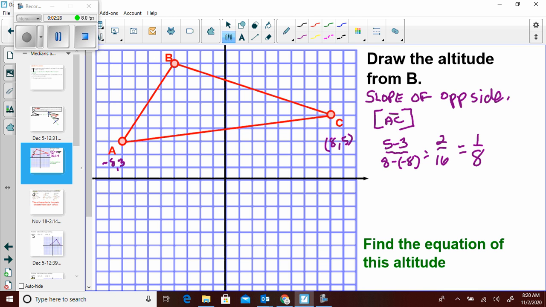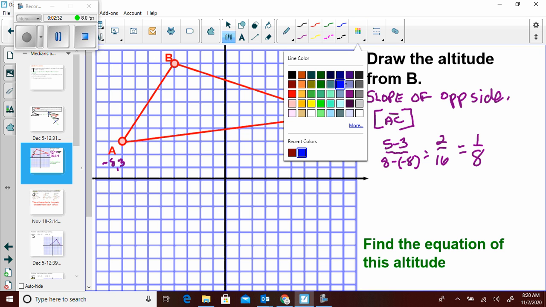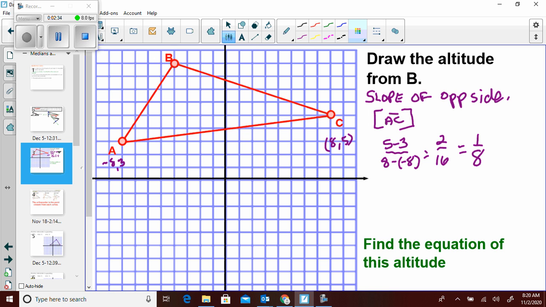If I have the slope of the opposite side, how am I going to know what's going to be perpendicular to that? The negative reciprocal. So the perpendicular slope will be -8. Let's double check this 1/8: up 1, over 8. Up 1, over 8. 1/8 is correct. So I'm going to draw the altitude.